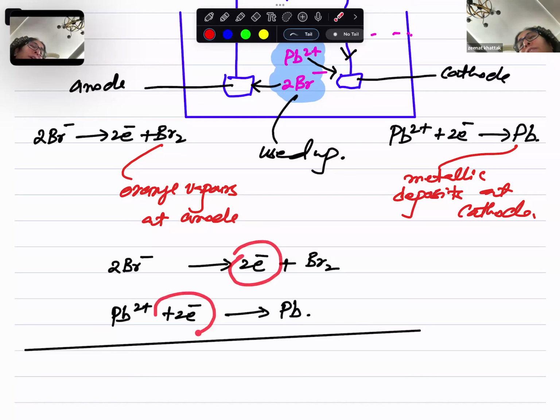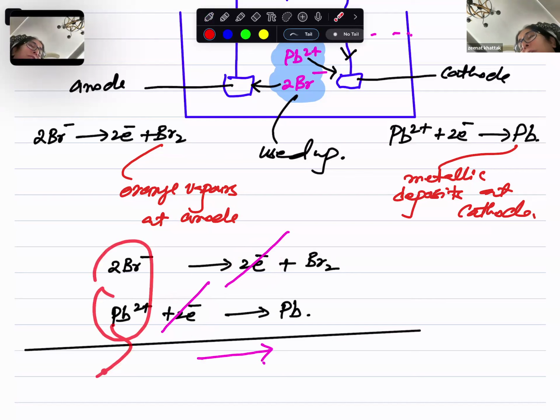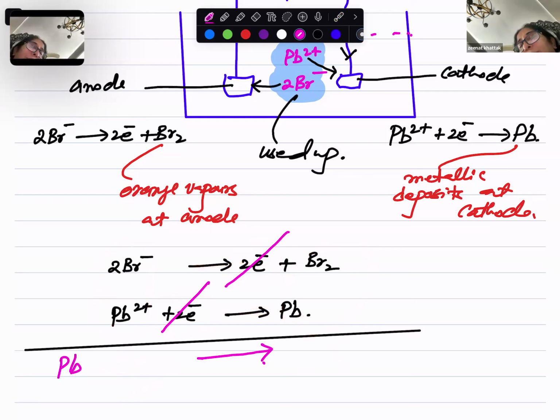It's losing 2, it's gaining 2, no need to multiply. And what is your next step? The electrons are cancelled. Draw the arrow. On this side, these two are present. On this side, these two are present. So what is left? Pb2+ and bromide turning into Pb plus Br2.